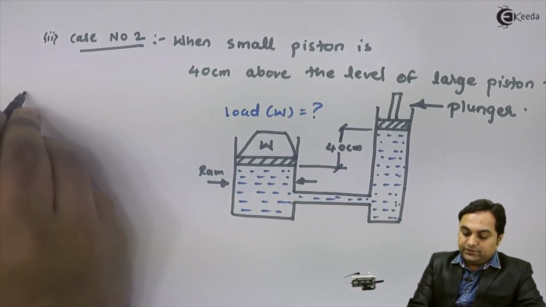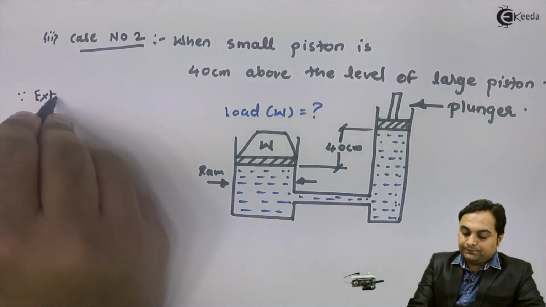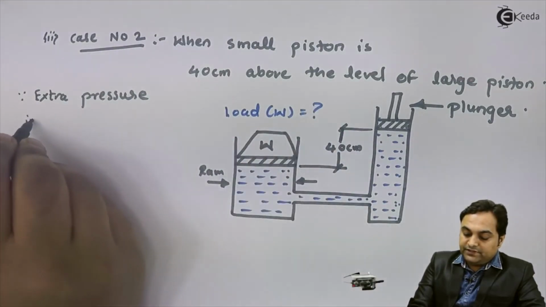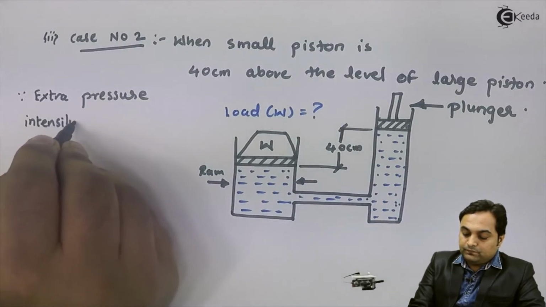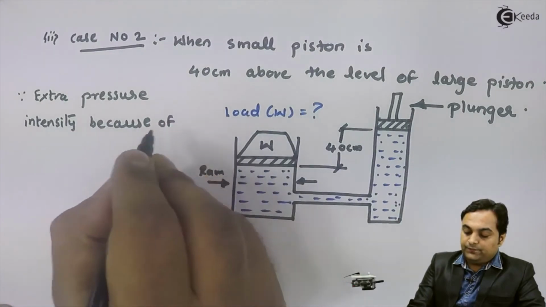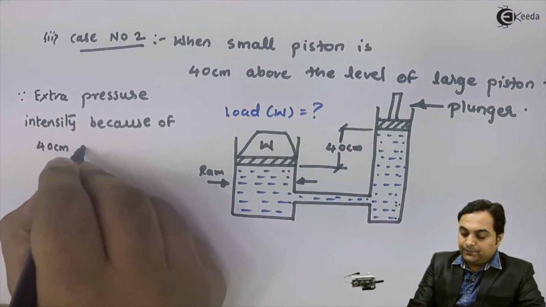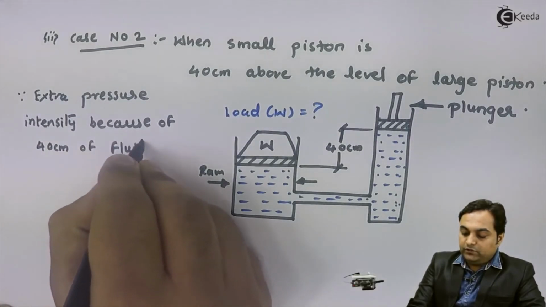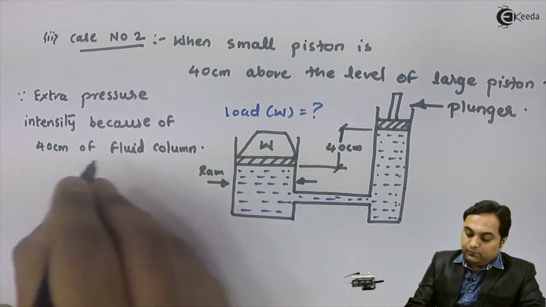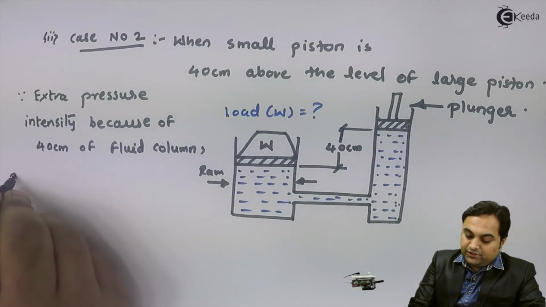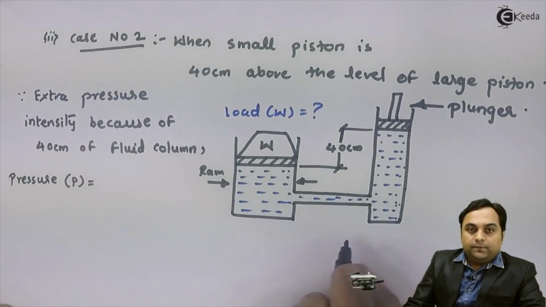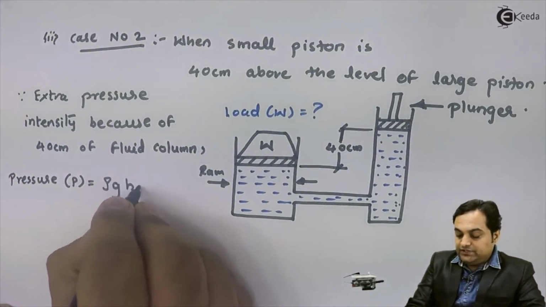So I'll write down, since extra pressure intensity because of 40 centimeter of fluid column, pressure P will be equal to, by hydrostatic law, rho g h.